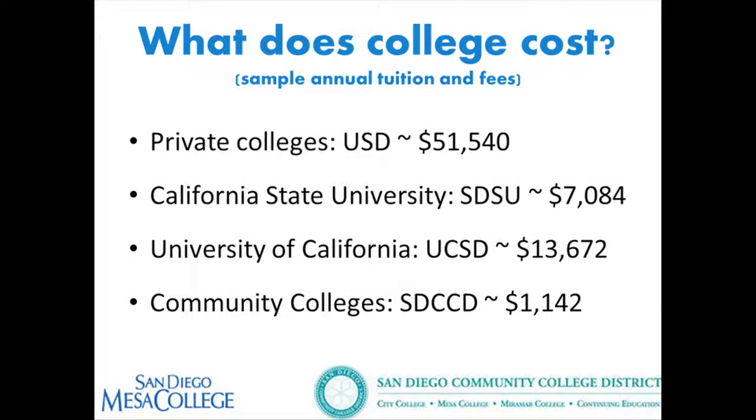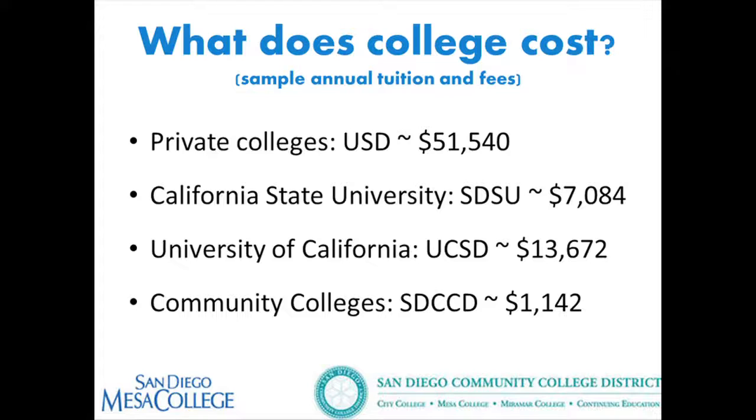So the first thing is, what does college cost? This is just annual tuition fees of the local options here. We have a private college called USD, and for tuition fees, they're over $50,000. You have the UC system, and UCSD here in San Diego is over $13,000.